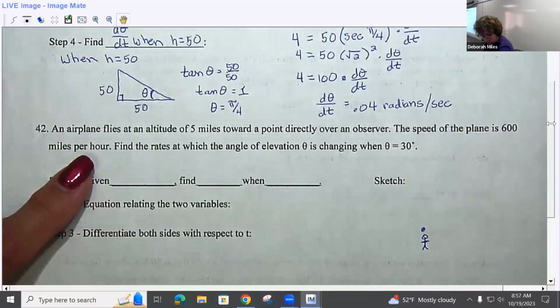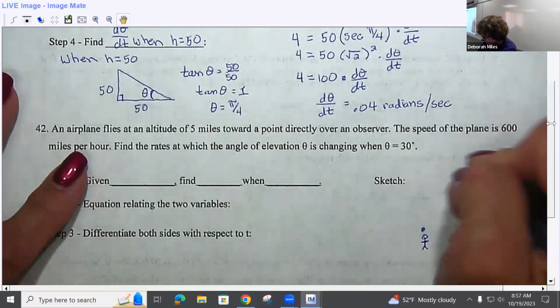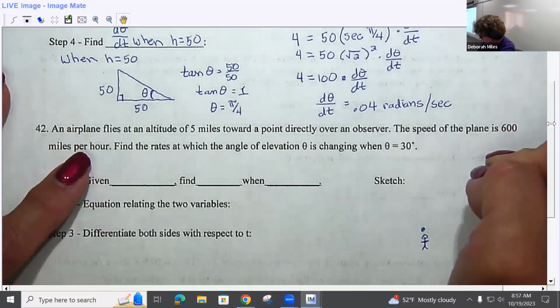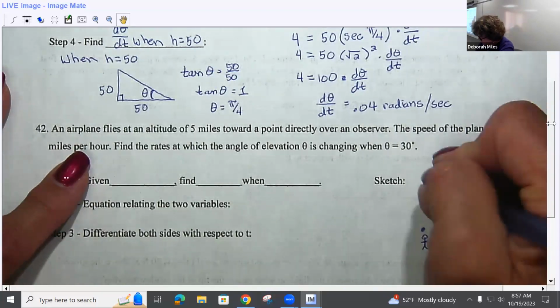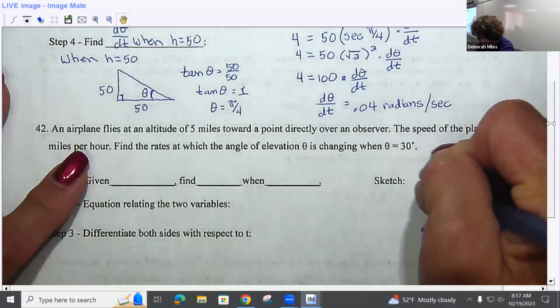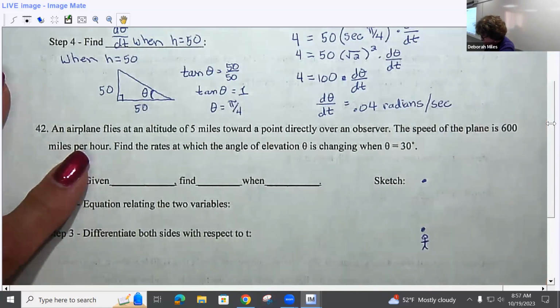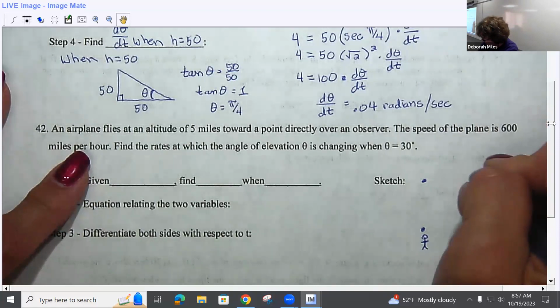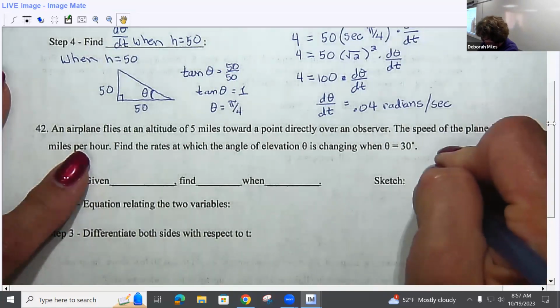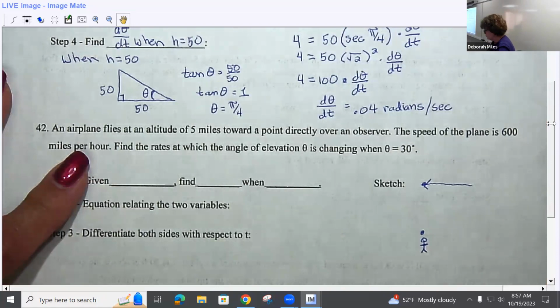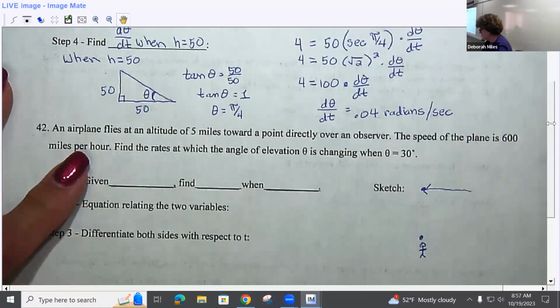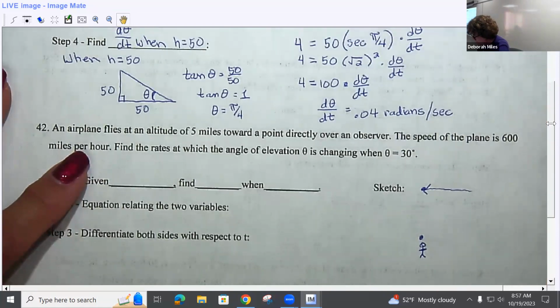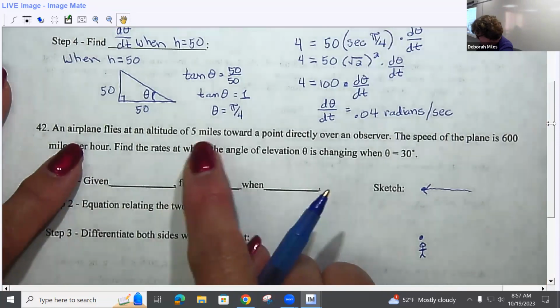And I have a plane flying toward a point over the observer. So here's the point over the observer. I have a plane flying toward that point. What about that 5 miles?